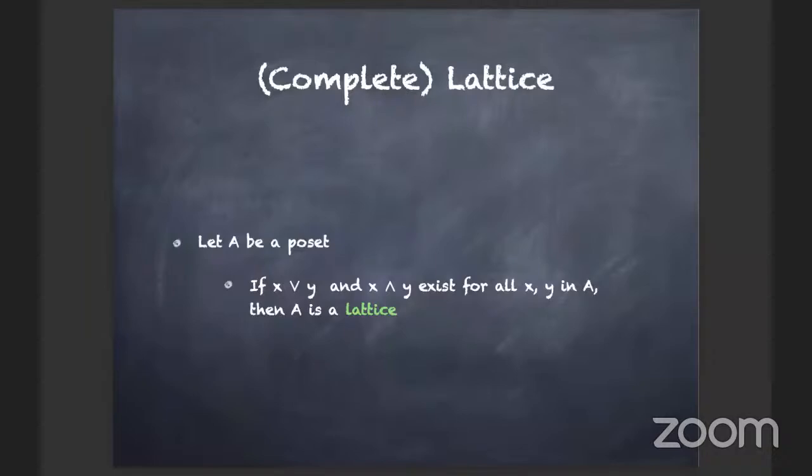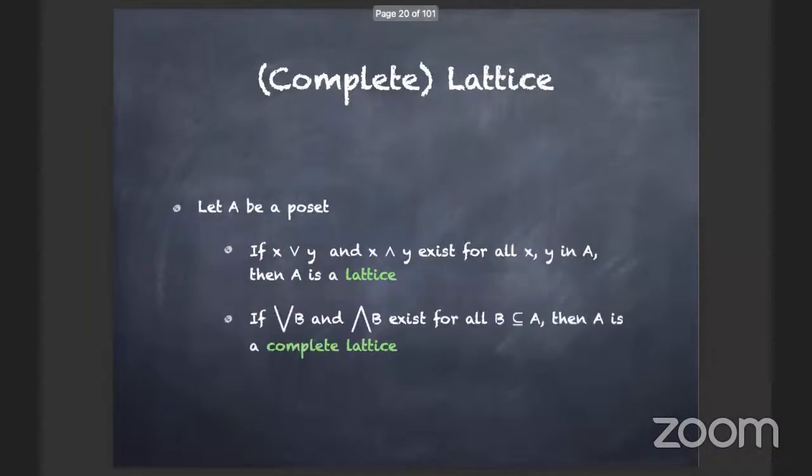For any two elements X and Y, if X join Y and X meet Y exist, it's called a lattice. And it's called a complete lattice if the join and meet exist for all arbitrary subsets B. So if for any two elements X and Y they exist, it's called a lattice, and if for any arbitrary subset they exist, it's called a complete lattice.